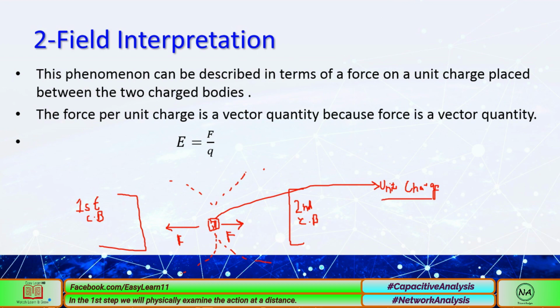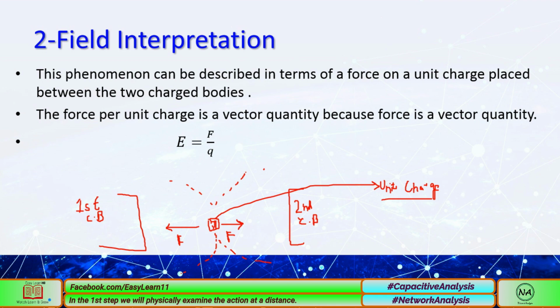So the force that we are experiencing on this unit charge is actually a vector quantity, because force has a particular direction, the direction in which the force is acting.